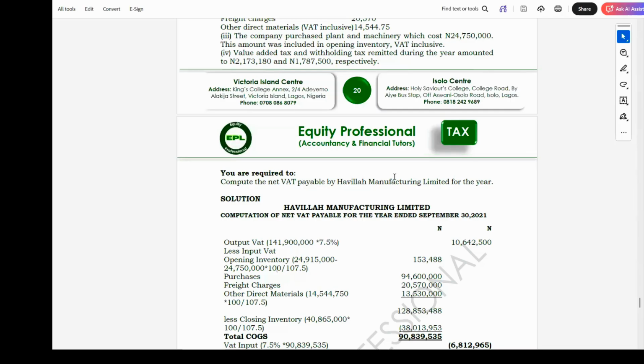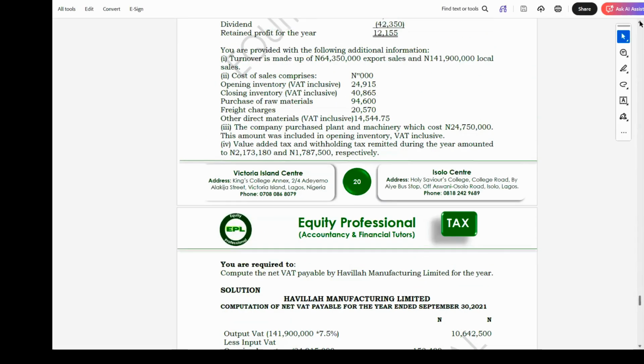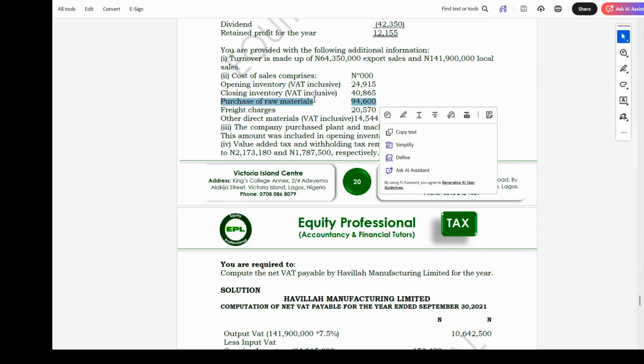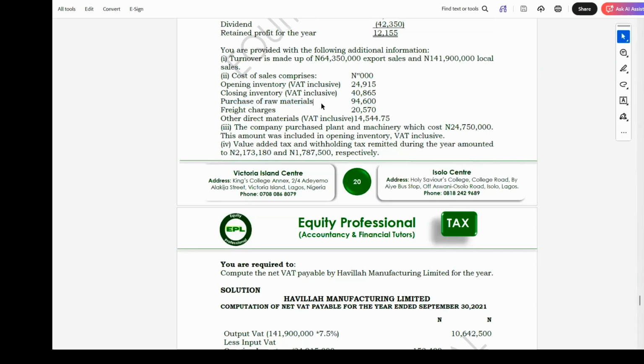The reason is that the purchases of raw material given to us are not stated to be VAT inclusive, so the purchases are VAT exclusive. Any adjustment on the purchases must be at the same level, so this opening inventory must also be converted to exclusive.